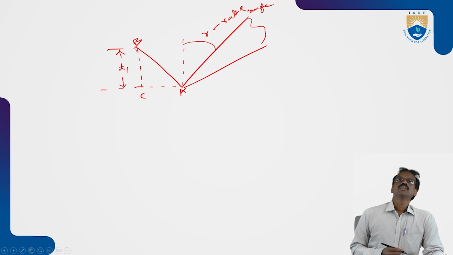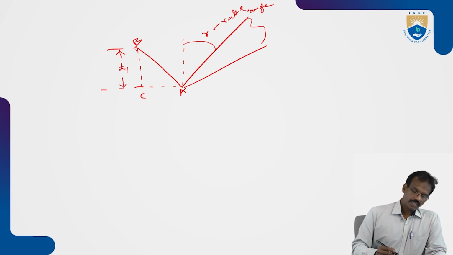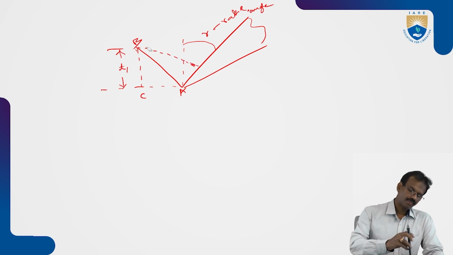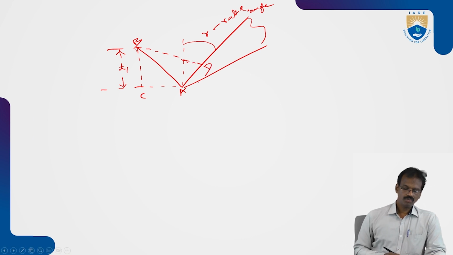Okay, so next we can extend the line from B to B2 on the face of the tool that touches the surface, that is D. So here two triangles are there.